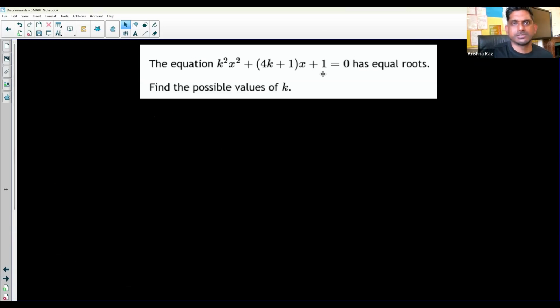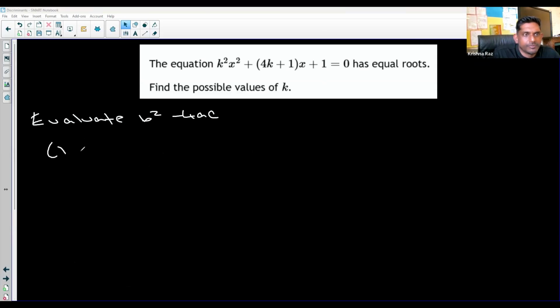So we're given this equation and we're told it has equal roots, find the possible values of k. So we're going to evaluate the discriminant. So we have 4k plus 1 squared, b squared minus 4ac, c which is 1.